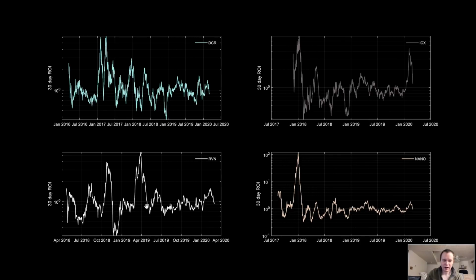And with Ravencoin, it actually did peak in April of 2019, which is just this last year, because it hasn't been around as long, and it peaked at around 5x or so. That's actually a really incredible 30-day ROI, especially as late as 2019. So that's really good.